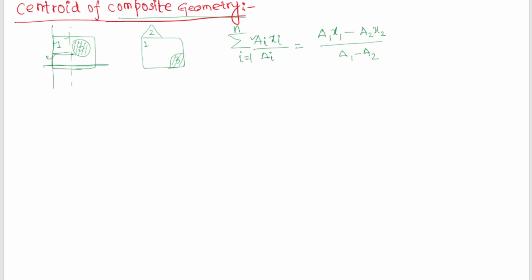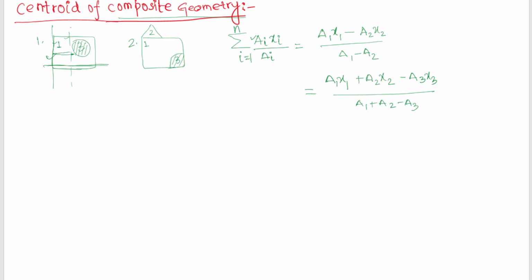For the second image, let us mark them 1, 2 and 3. The formula will be A1 x1, plus A2 x2 because 2 is being added, minus A3 x3 because 3 is being subtracted, divided by A1 plus A2 minus A3.